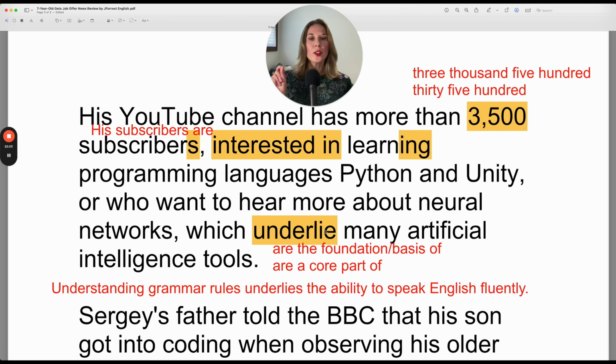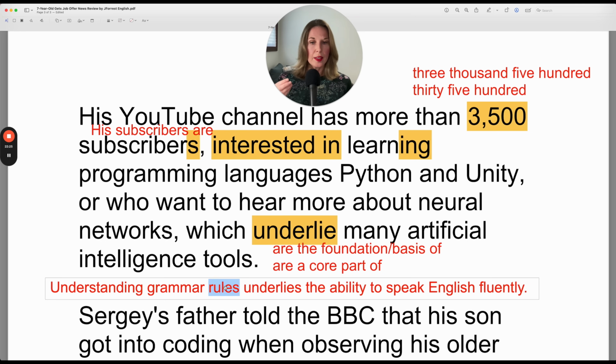Let's review "underlie." This is a verb, to underlie. And if you say something underlies something else, you're saying it's the foundation of that something or the basis of. You can think of it as a core part of. So let's look at learning English. You could say "understanding grammar rules." This is your subject using a gerund verb. Now, this is conjugated as "it."